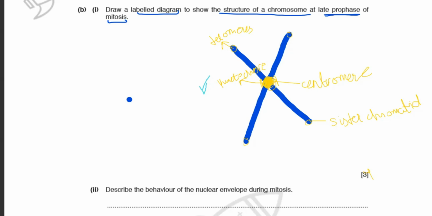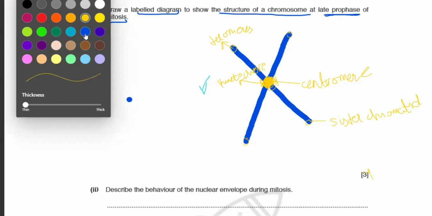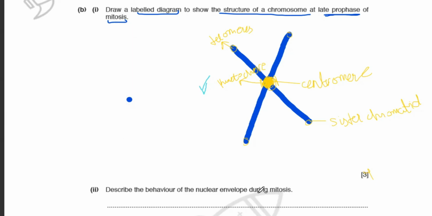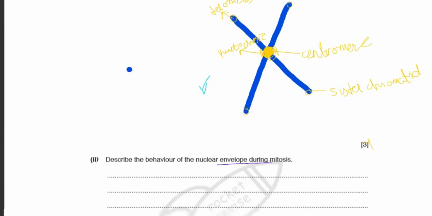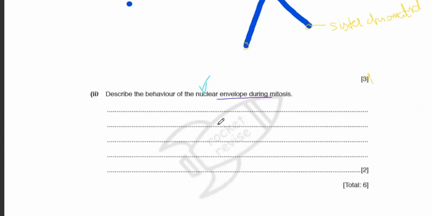Now let's move towards the other question. Describe the behavior of the nuclear envelope during mitosis. It's very easy again. It's of 2 marks. You just need to write 2 pointers: the nuclear envelope disappears during prophase and reappears during telophase. That is it. For 2 marks, this is more than enough.